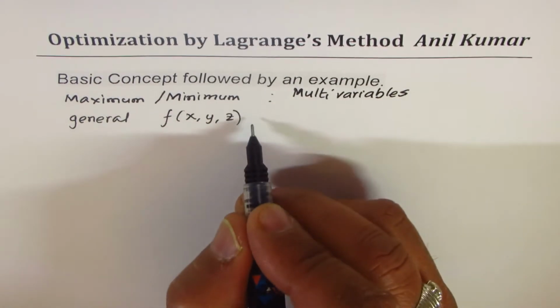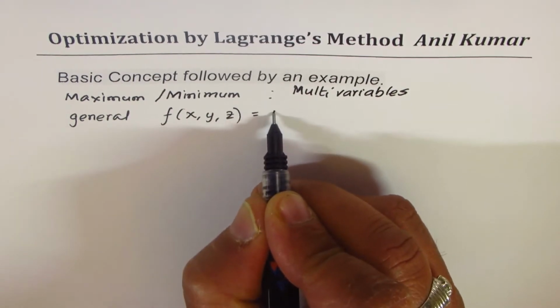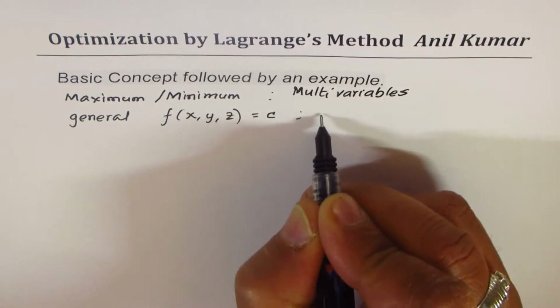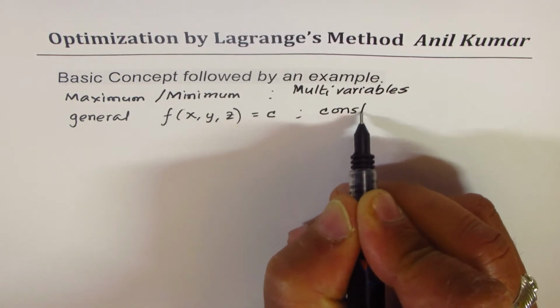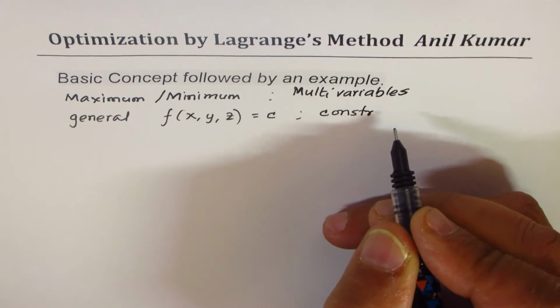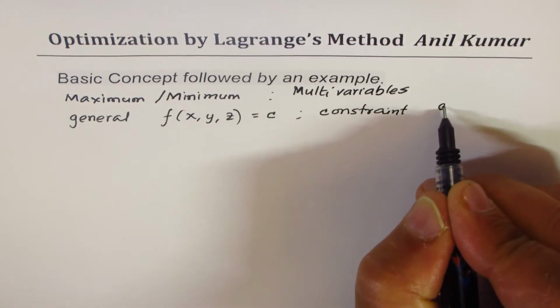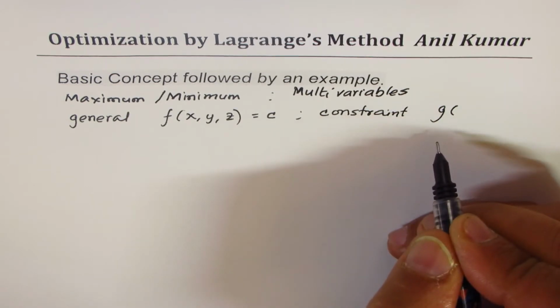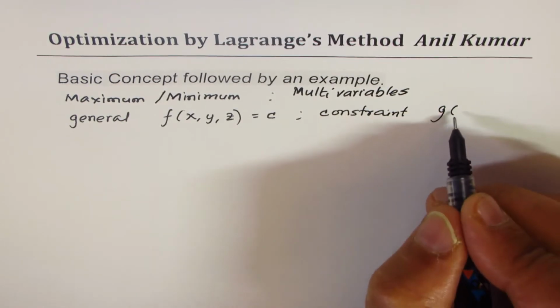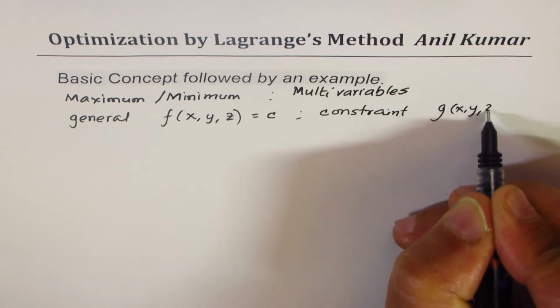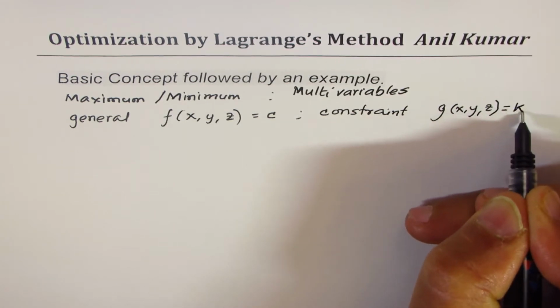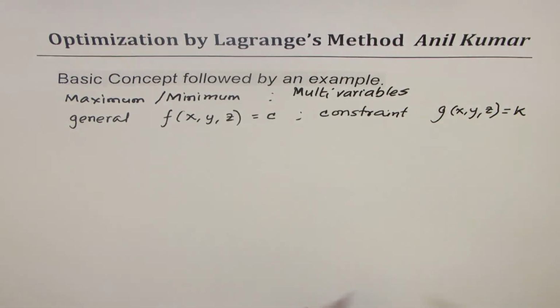So for this general function, we say let this be equal to c, and we'll work with the help of a constraint. Constraint means a boundary condition, right? A constraint could be, let's call this function, as we normally use in our books, g(x,y,z) equals k. So that becomes a constraint.